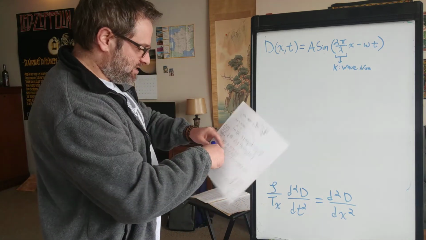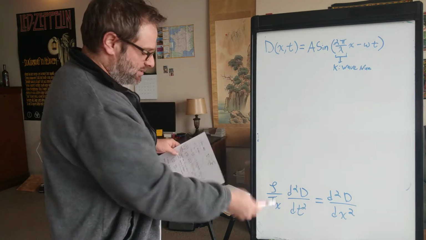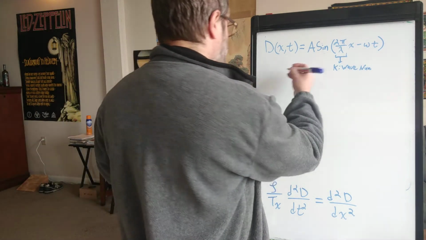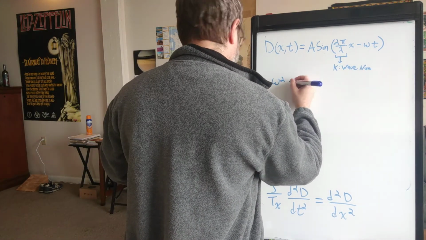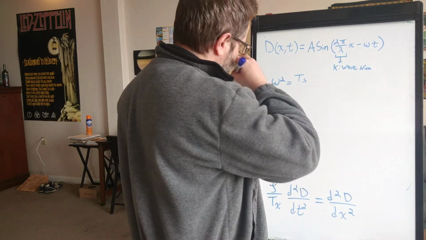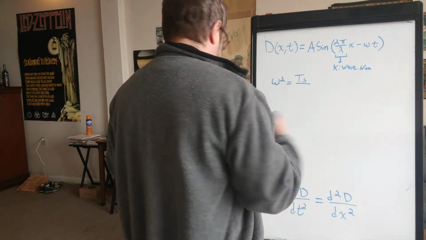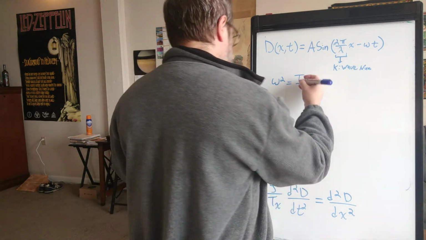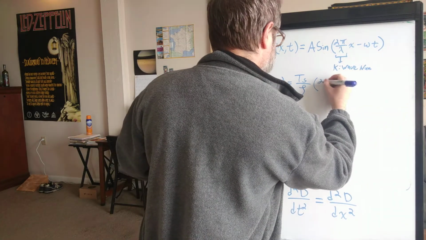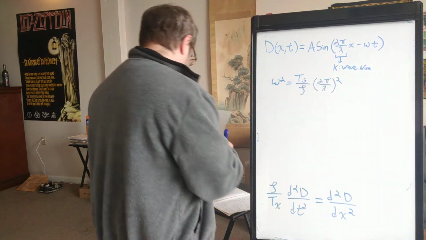So if we plug this into our differential equation and solve it, we get the requirement that omega squared equals the tension, which we're just going to call the total tension in the string, the tension in the x direction, divided by rho, times 2 pi divided by lambda, squared.